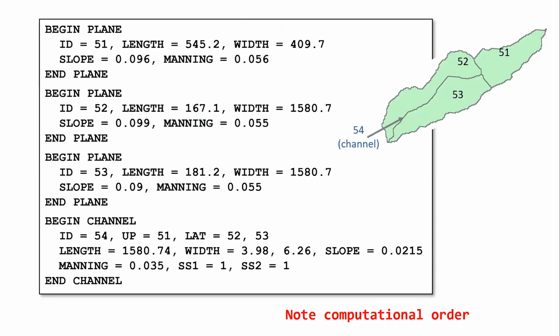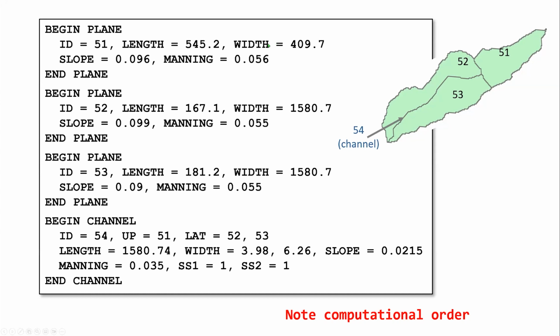So here's what the block structure looks like in terms of the elements. The first one we're going to compute is a plane, element 51 over here. And in this one, we don't have any infiltration parameters, so it's going to model it as an impervious surface.